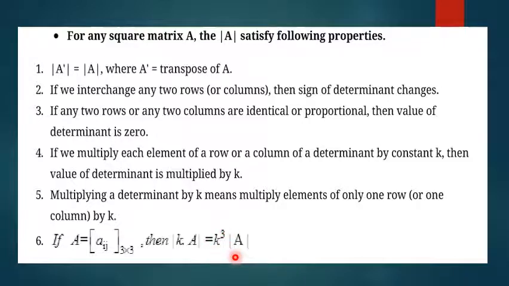Because it is a 3 by 3 matrix, the power becomes k cubed. Okay, because it was a 3 by 3. If it is a 2 by 2 square matrix, then this is k square mod A. And if it is a 1 by 1, then definitely k into A. Okay.